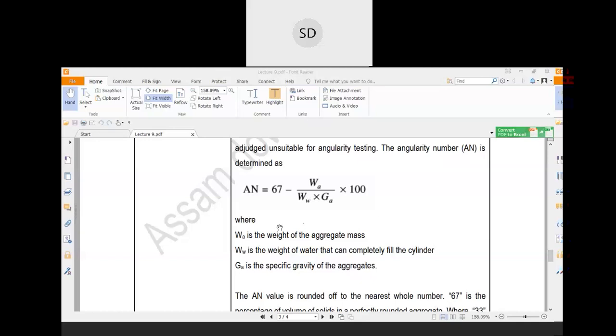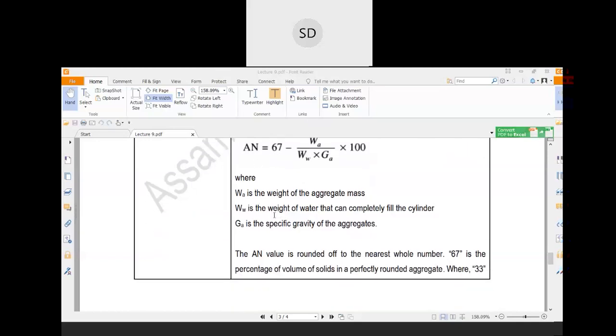Therefore, 67 is considered over here. Now this angularity number value, whatever you are getting from here, is rounded off to the nearest whole number. So suppose if you are getting 12.5 or 18.5, that would be 13 and 19, like that.